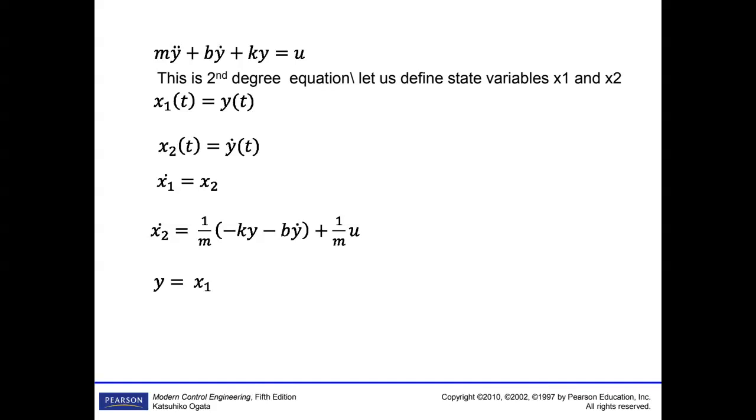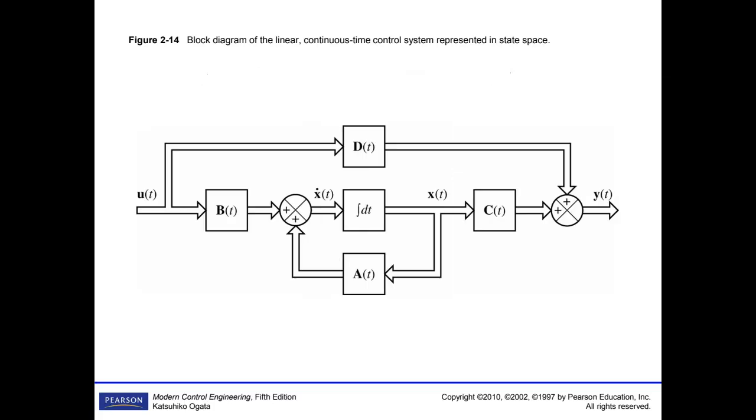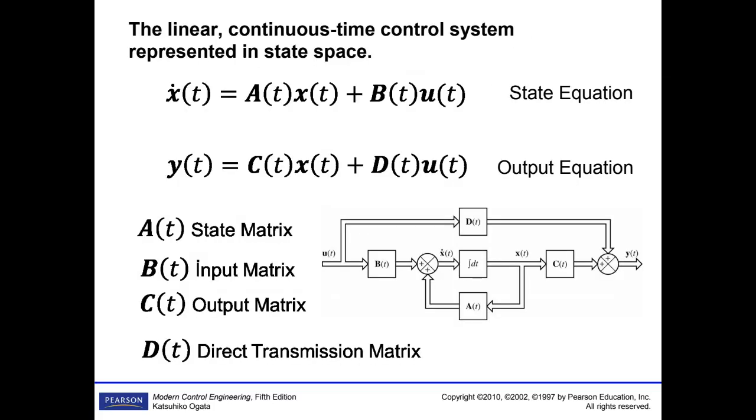First derivative, I'm sorry, first derivative. And output that one. It's time domain. Solutions are in time domain. And you can see that x2 dot and y, the output, can be obtained.